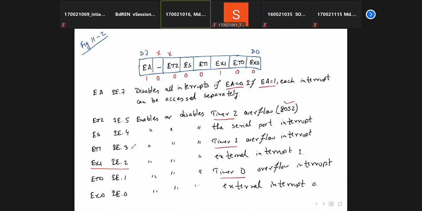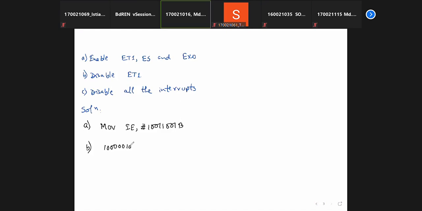ET1, okay, sir, and then 10, then 0, then 1, then 0, 0, 0, 1. How many bits is that? The IE register is 8 bits. Then ET1 will be 10, then 0, 1, then 0, then 0, 0, 1. Okay, so this is the value which should be fed to IE.